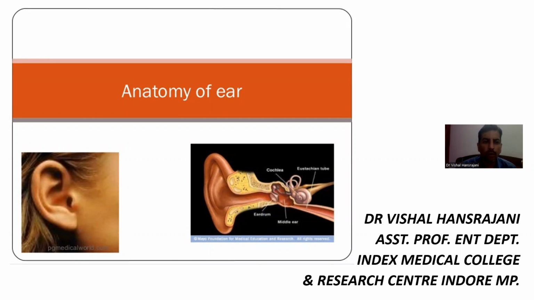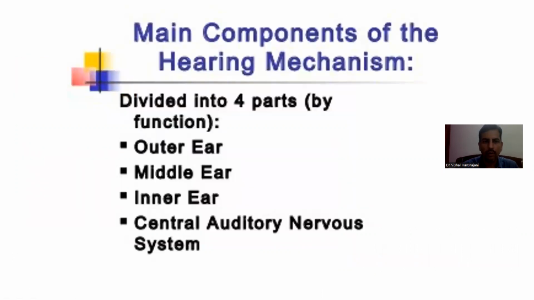So the topic of today's lecture is anatomy of the ear. As we all know, there are four main components of the hearing mechanism: the outer ear, the middle ear, the inner ear, and after that, the central auditory nervous system.